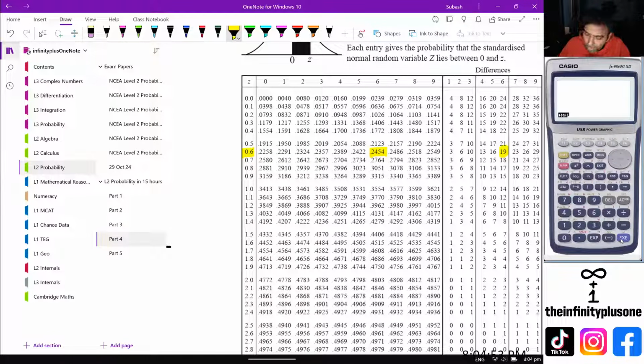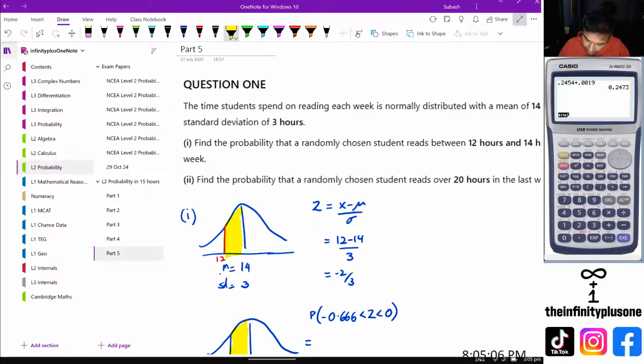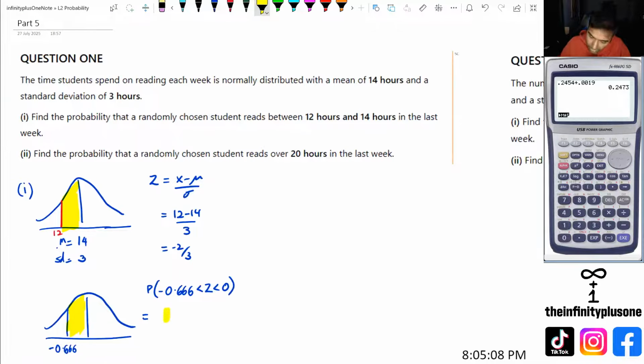I've got 0.2454 plus 0.0019, which gives me 0.2473. So for 0.666, the probability is 0.2473.